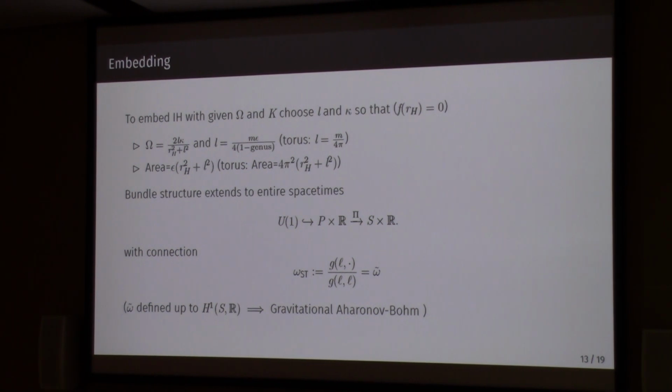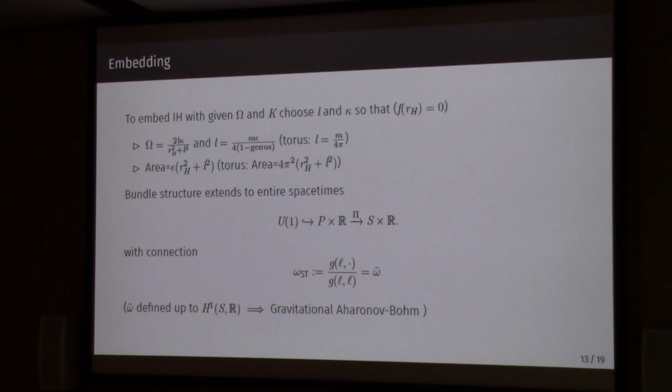So maybe the takeaway message from this is that given any omega or k, we can choose the space and parameters such that the contained horizon has the values that we have found in the abstract calculation from the type D equation.